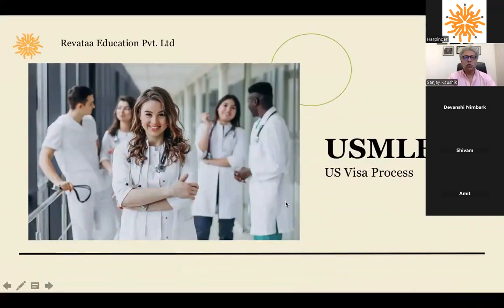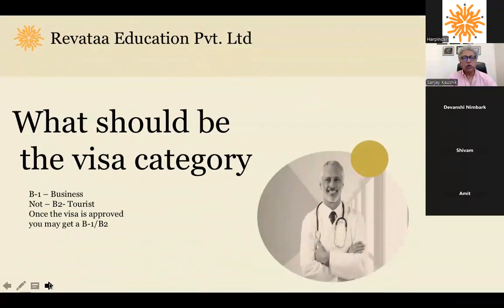Like I said, this is more about the USMLEs. So we do understand that you would have possibly now understood that USMLE means the licensing exams which happen in America, the step 3, and there are step 1 and step 2 that you have to take. However, before you even embark on the journey of getting your eventual residency, you need to also apply for your visas, which is primarily anyone who's going for a rotation in the US would apply for a B1.